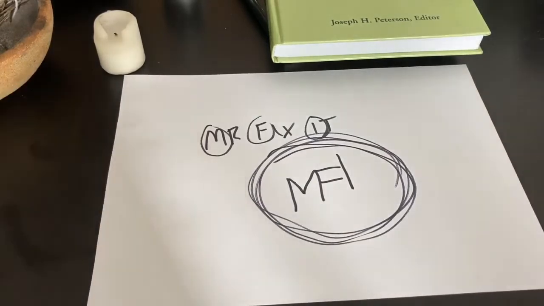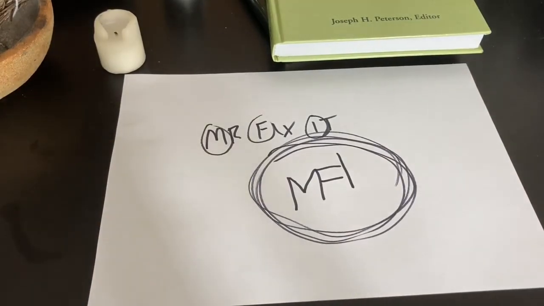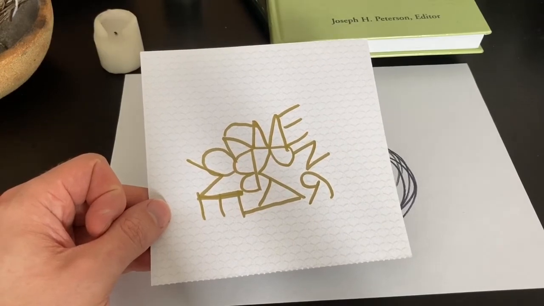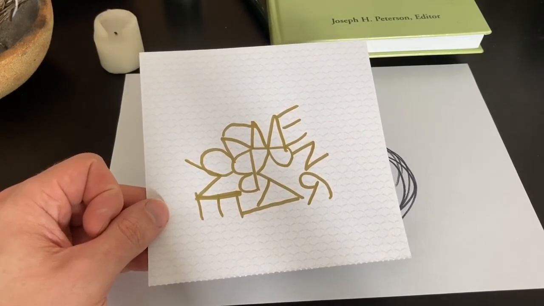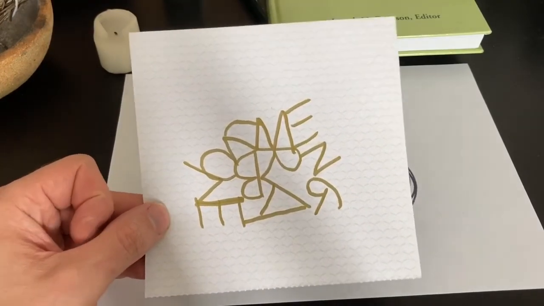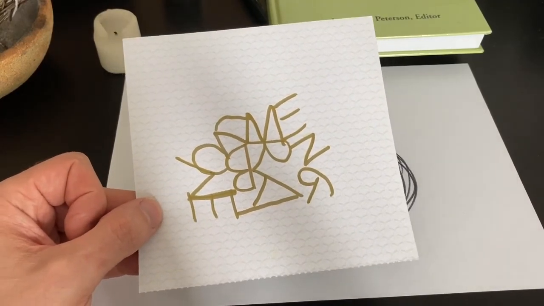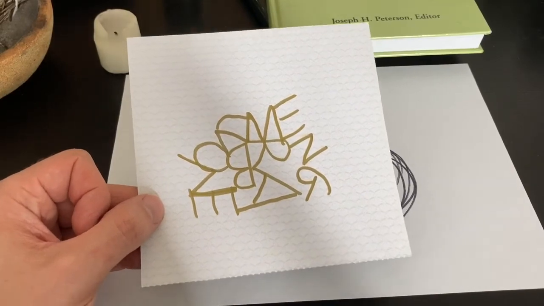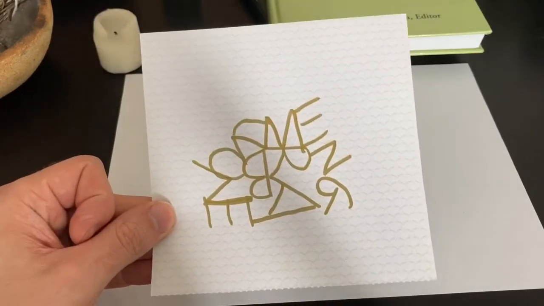Now, when it comes to your design, I can't stress enough that you need to be thinking about how you want to use the sigil. Because if you've been using a sigil like this for a long time and you find that it works really well, but then you think, oh, I might want to print this on a t-shirt, or put it out there for other people to empower, then this isn't going to translate well.